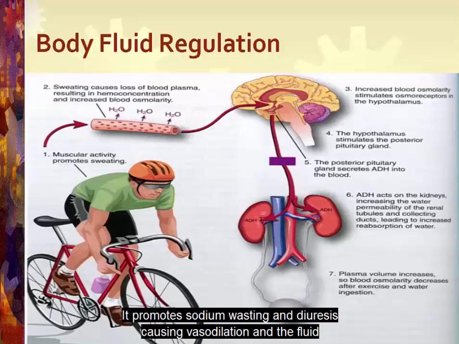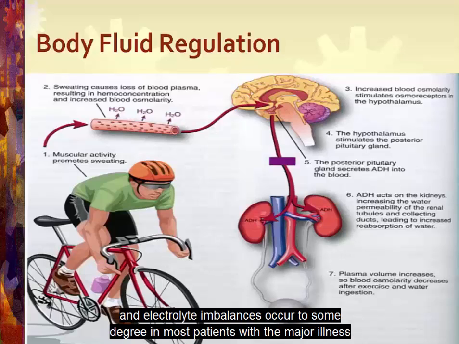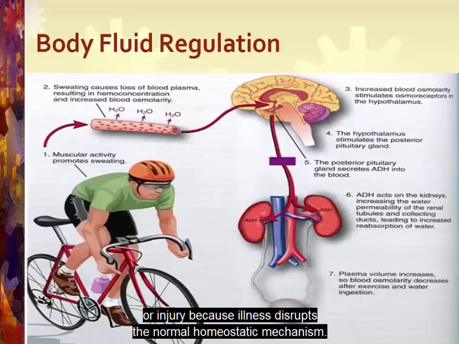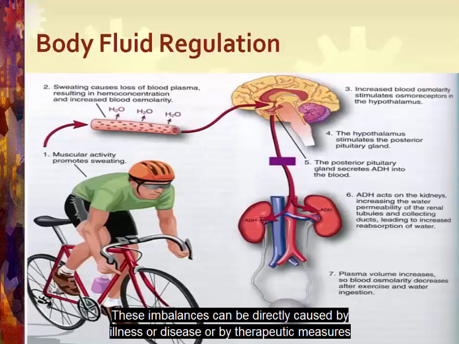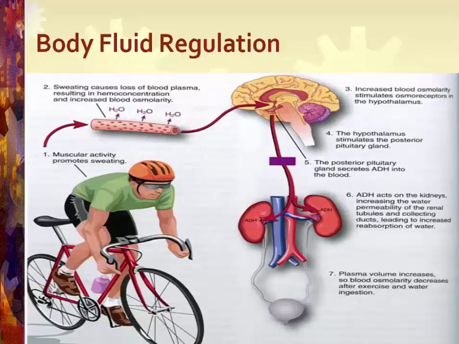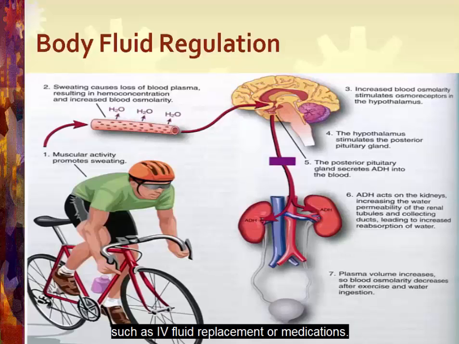It promotes sodium wasting and diuresis, causing vasodilation. Fluid and electrolyte imbalances occur to some degree in most patients with a major illness or injury because illness disrupts the normal homeostatic mechanisms. These imbalances can be directly caused by illness or disease or by therapeutic measures such as IV fluid replacement or medications.